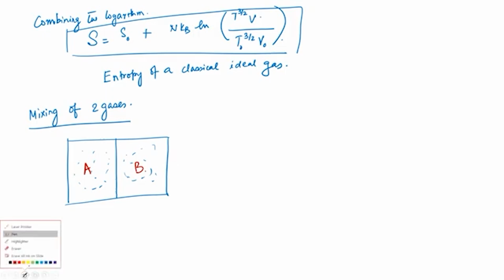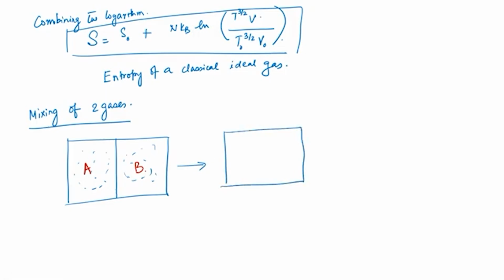So, you open this and allow the gases to mix. The gases would mix eventually, and A and B will get mixed.